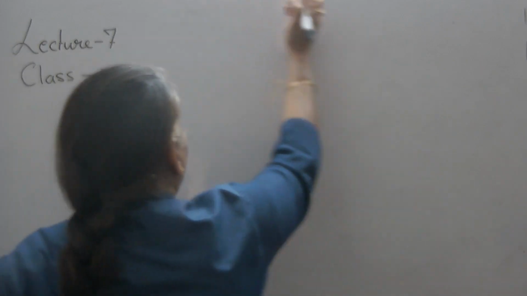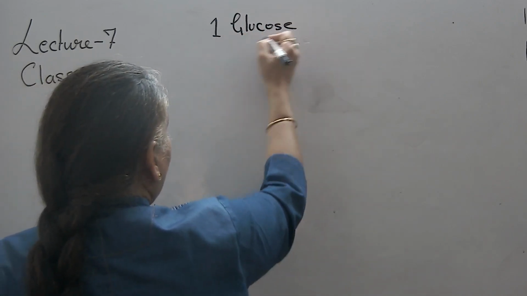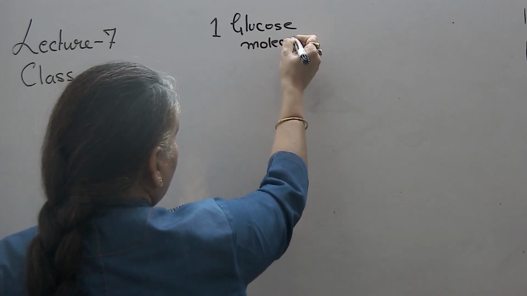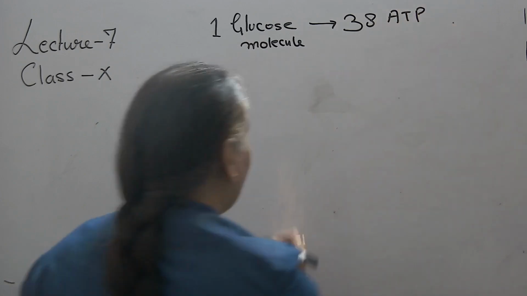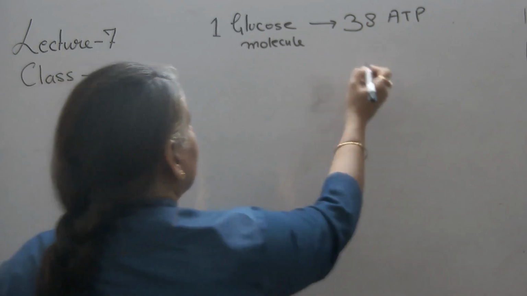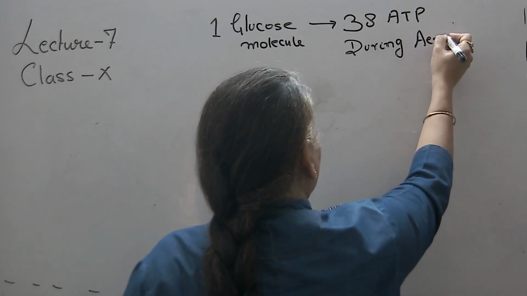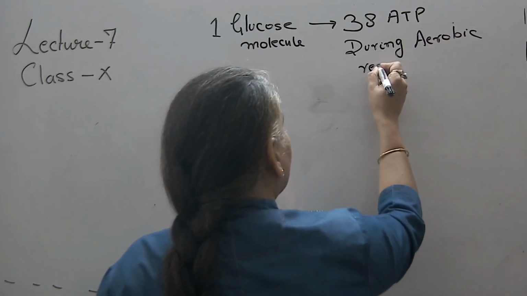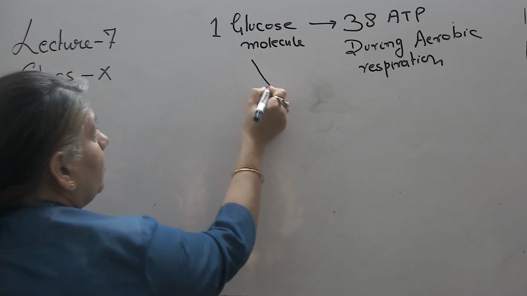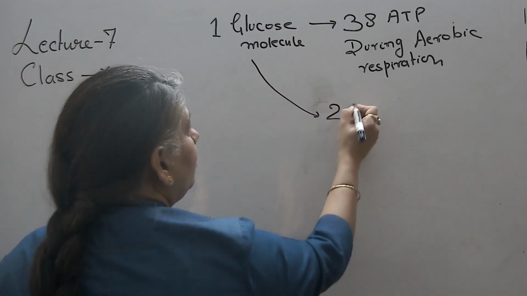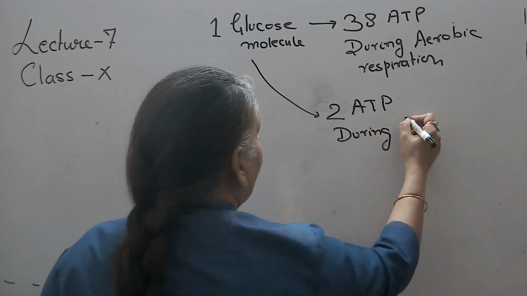One glucose molecule produces 38 ATP molecules during aerobic respiration, and one molecule of glucose will produce roughly 2 ATP molecules during anaerobic respiration.